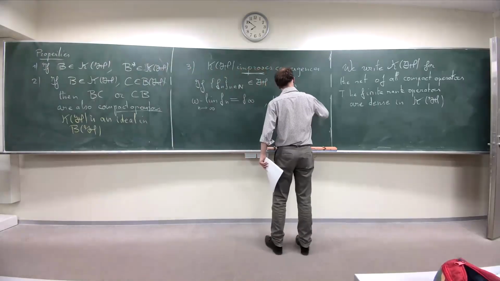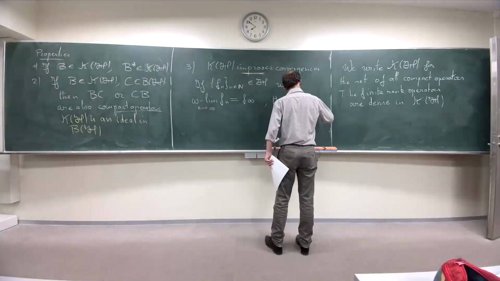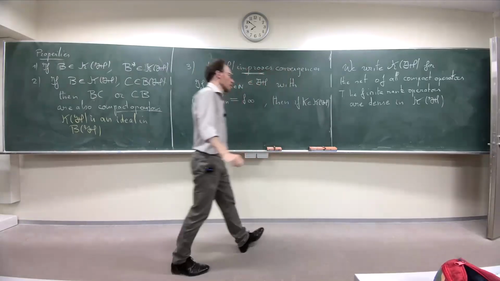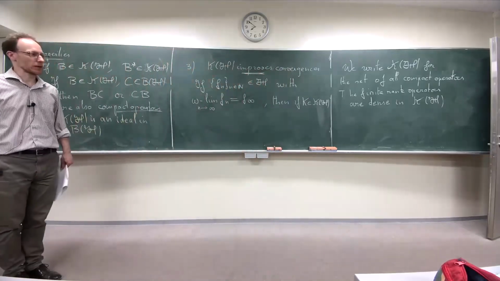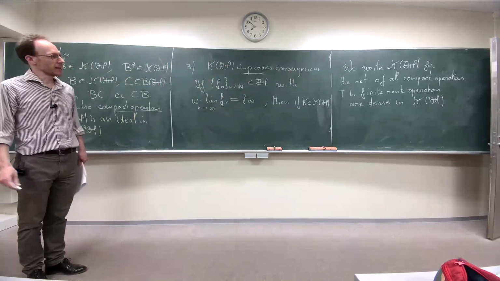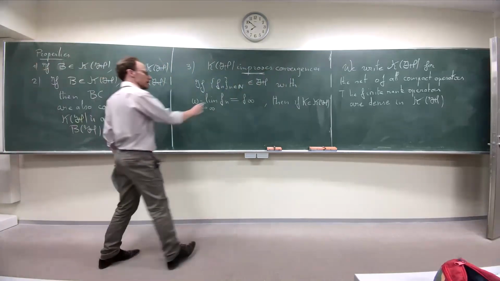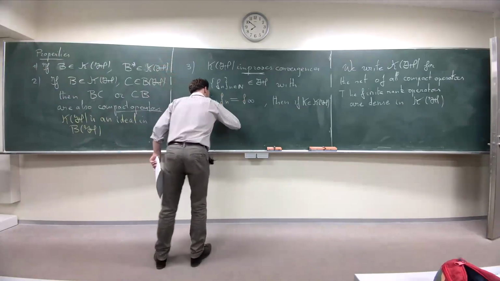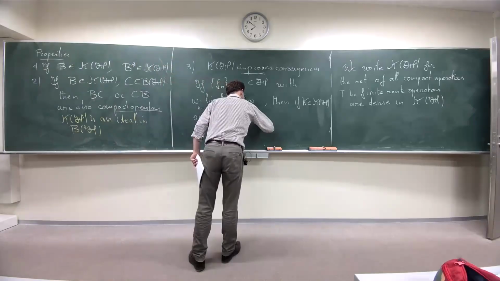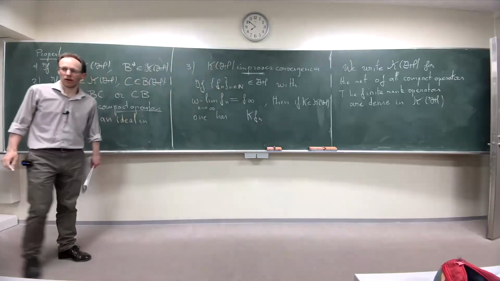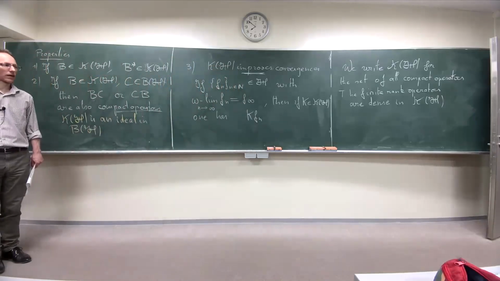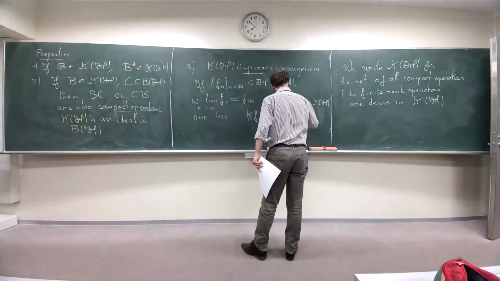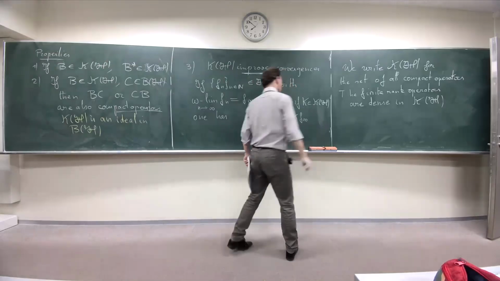Most of the time we use a letter K for compact operator because it's natural. K is a compact operator instead of B. Then, K in K of H, one has: now I consider KFn. It's again a family of vectors, but it converges to KF infinity.